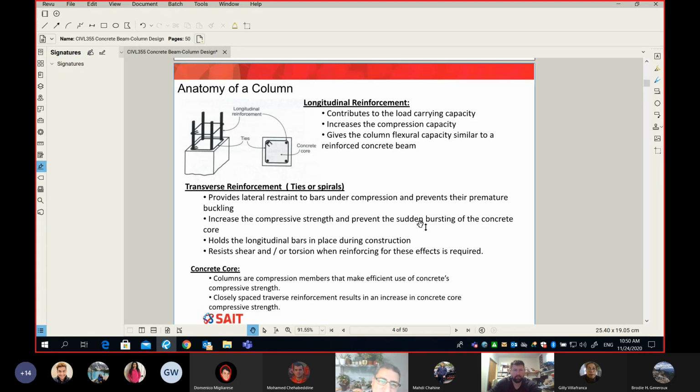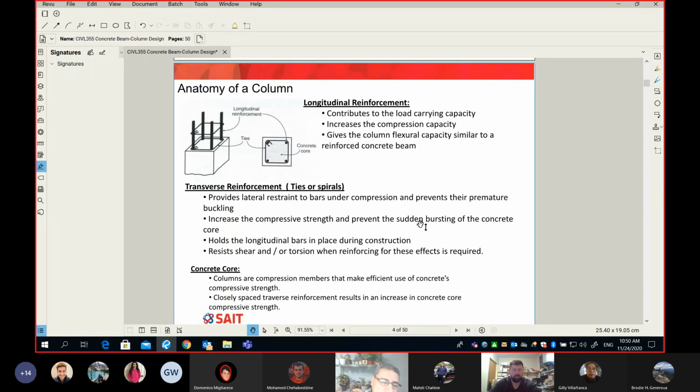Every one of those elements is very important to the survival of the column. Just imagine, can we build our column without vertical bars? Ask yourself yes or no. Absolutely not. Can we build a column with vertical bars and concrete but without ties?